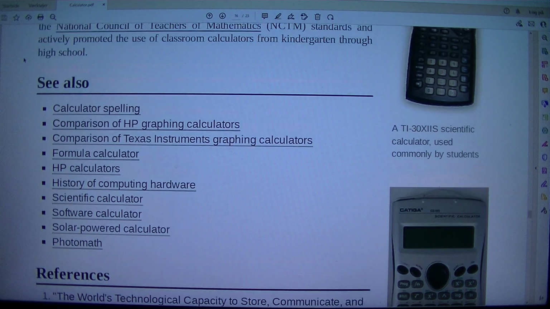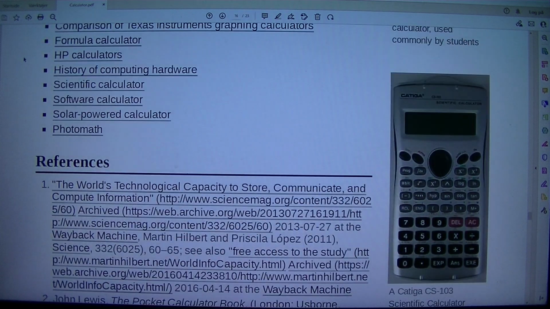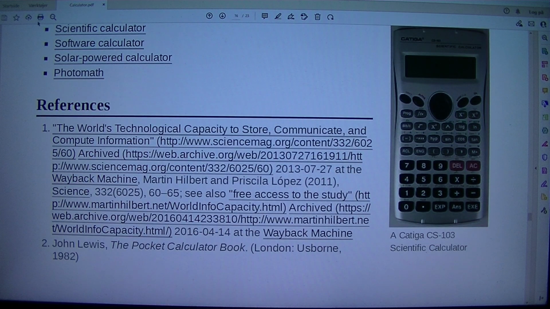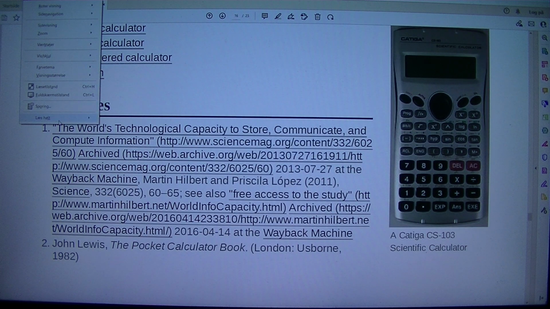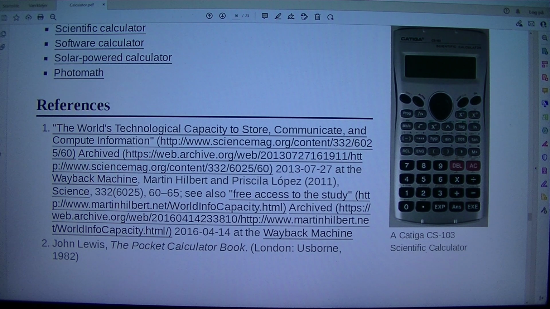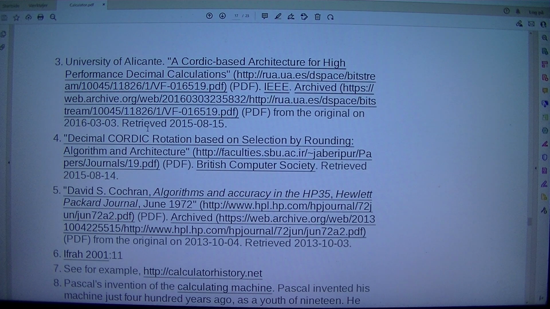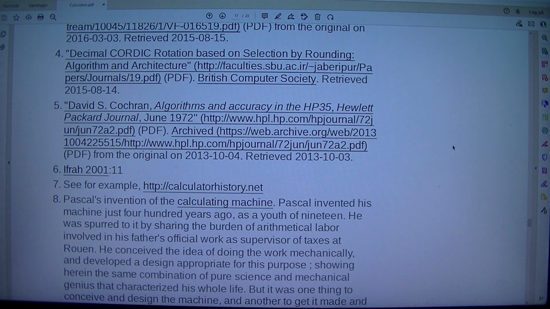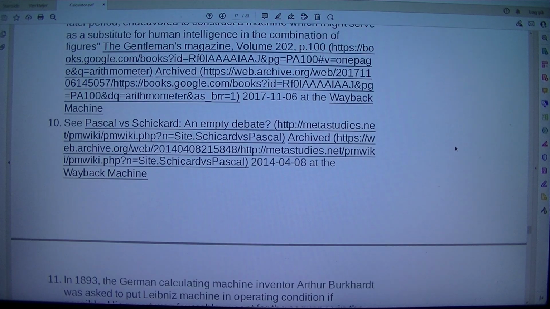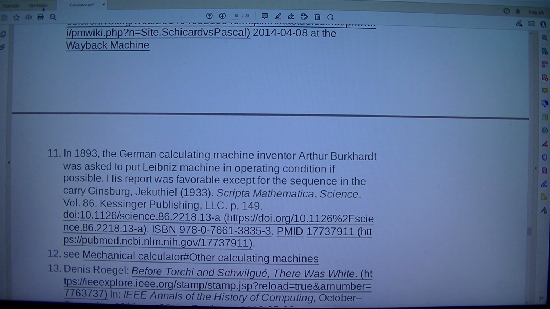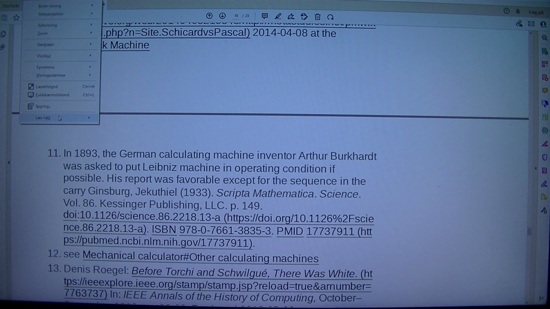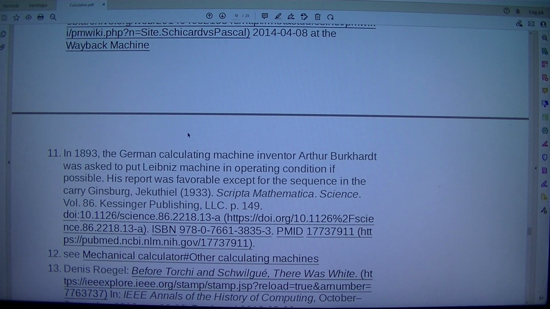John Lewis, The Pocket Calculator Book. London, Osborne 1982. 3. University of Alicante, for high performance decimal calculations. PDF.